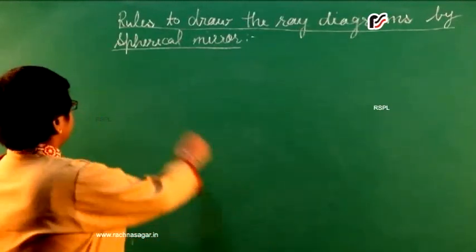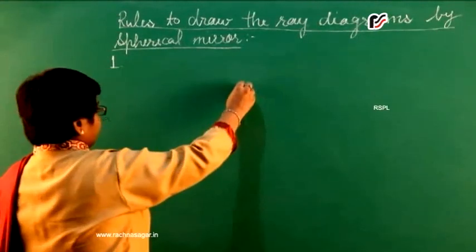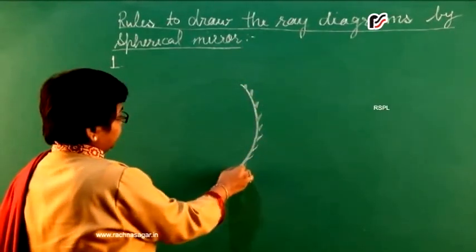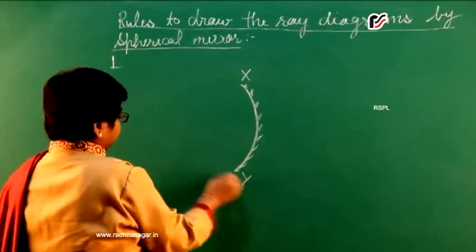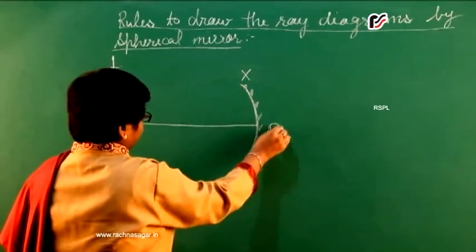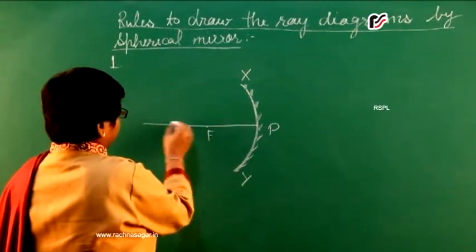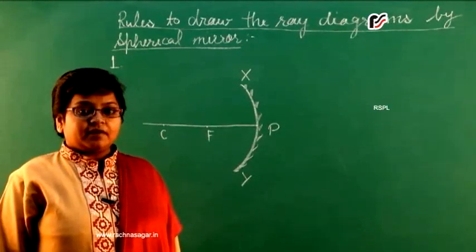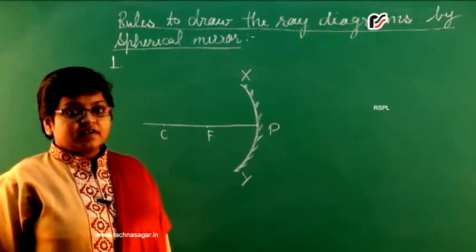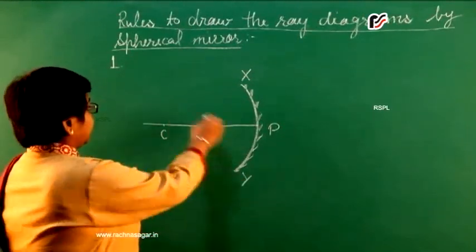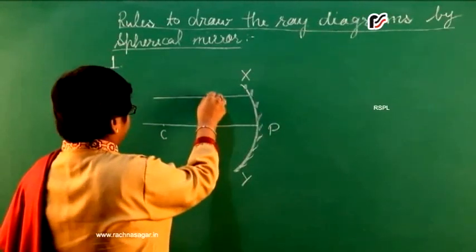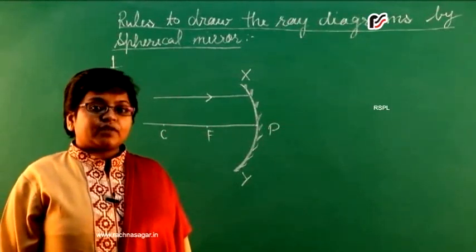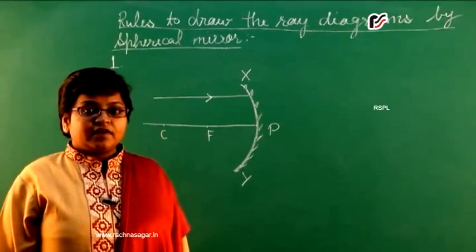The first one is: if a ray which is coming parallel to the principal axis is incident on a spherical mirror, after reflection it always goes through the focus of the mirror in case of a concave mirror.